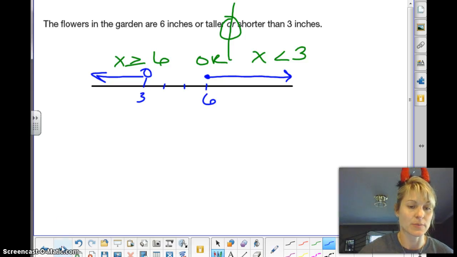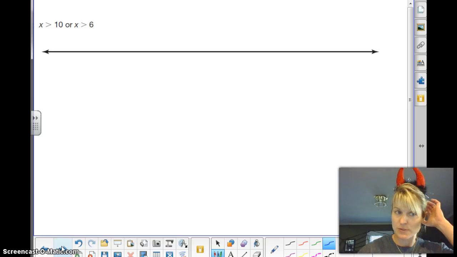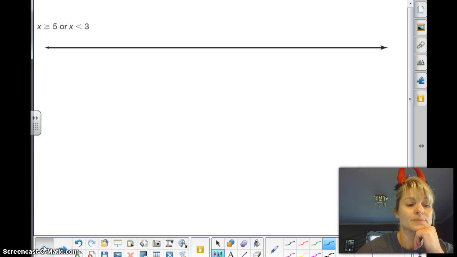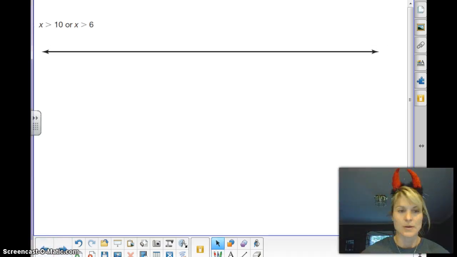Then you're going to look at problems where you just have to graph it. Some other problems are where you're given the inequality and you're going to graph it. If I read this out loud, which sometimes helps me: x is greater than 10 or x is less than 6.